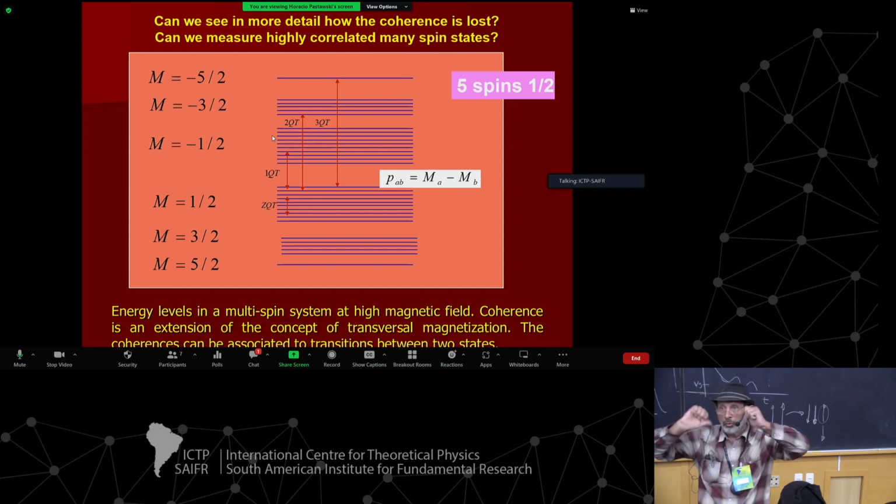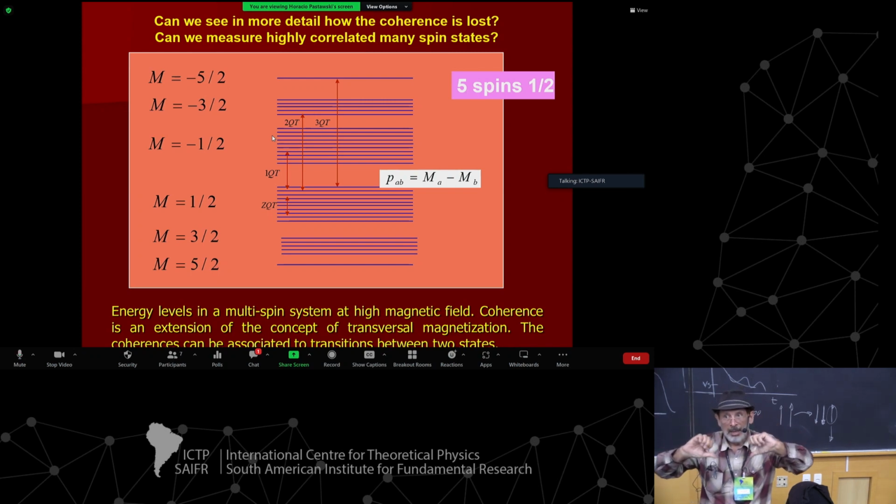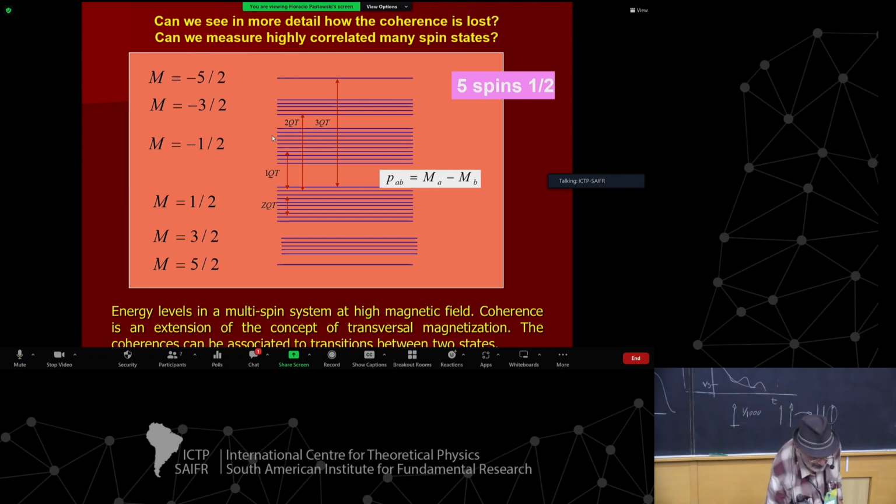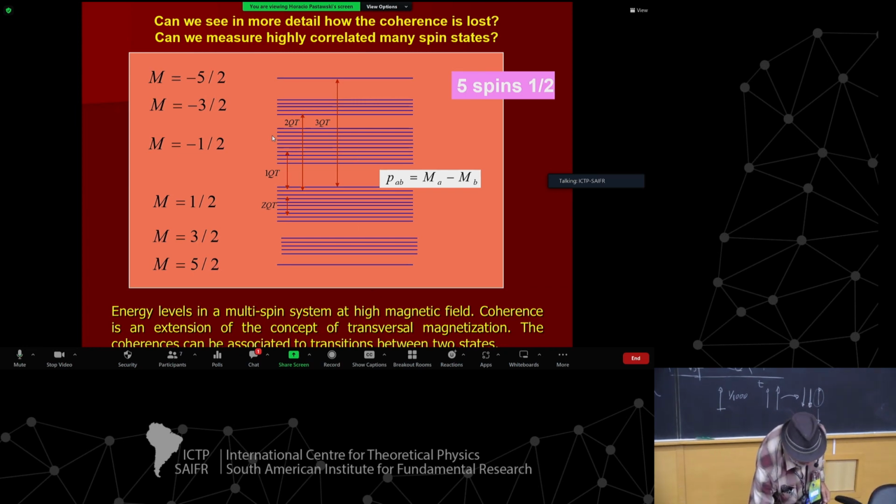If they relate two flips, that's a double quantum coherence, like a double down or up. If you change 4 spin projections, then you are in a 4 quantum coherence, and so on. So you call quantum coherences the distance in the Hilbert space that is being mixed in this collective state. That's essentially the name.